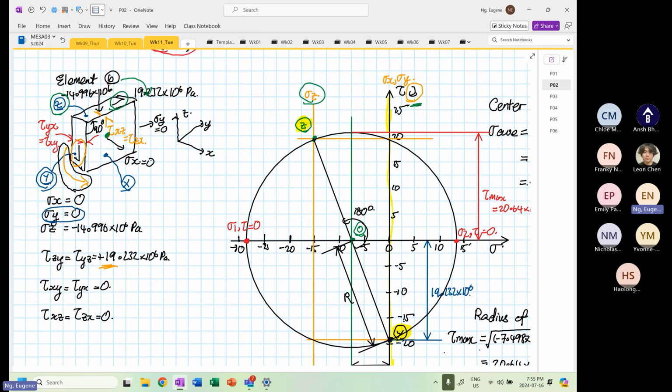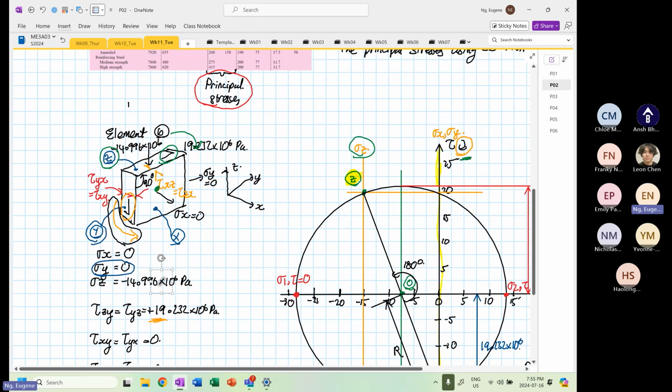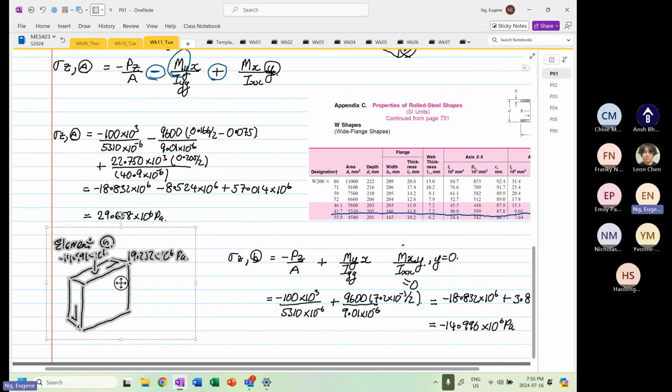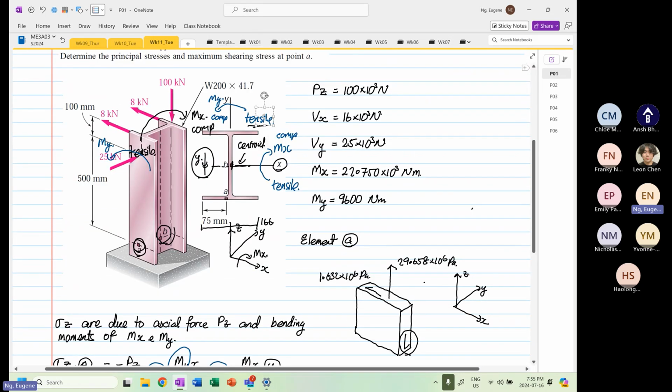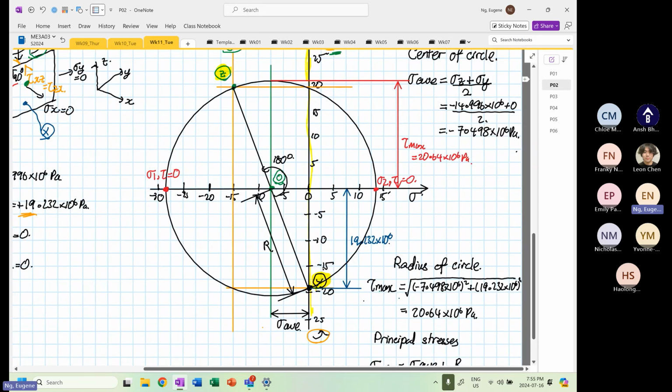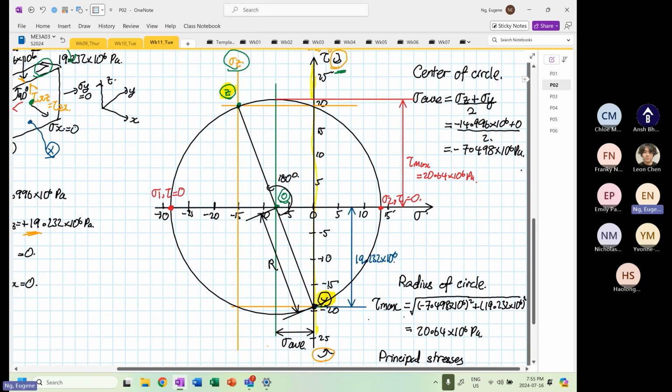Because if we look at element, element is the what? Is the real world. Element B over here, you can see in the real world, this is element B. Yes or no? Mohr's circle is just a tool to calculate the principal stresses.